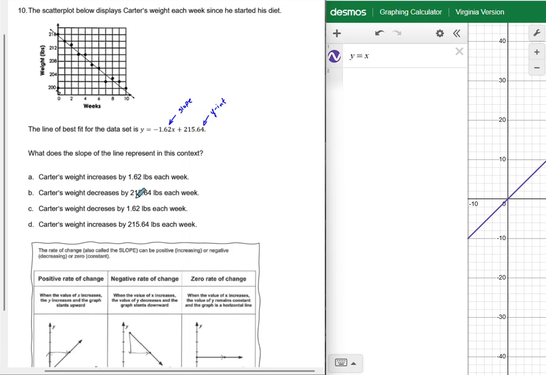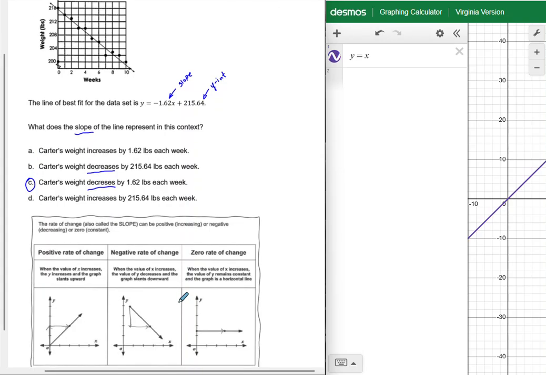It looks like the slope is negative, so that means it's a decrease, a decrease of 162 pounds each week.